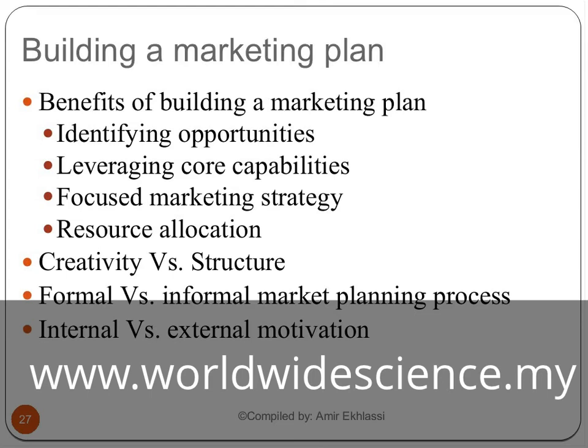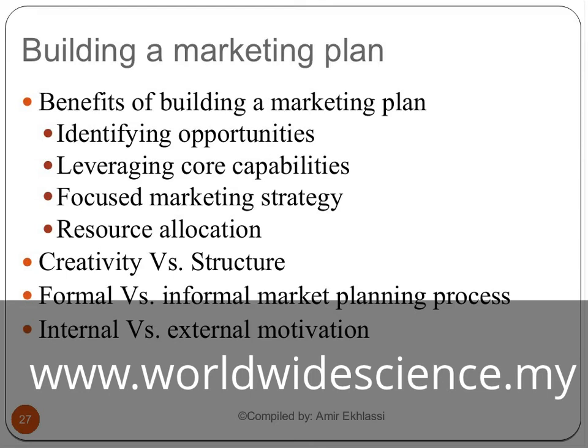Something important in the marketing plan: creativity versus structure, formal versus informal market planning process, and internal versus external motivation. What are these concepts? Can anybody explain for me? It means at the same time. That is correct.